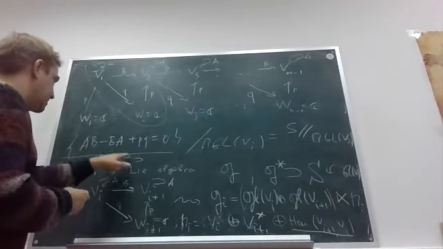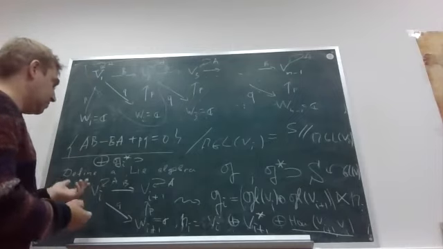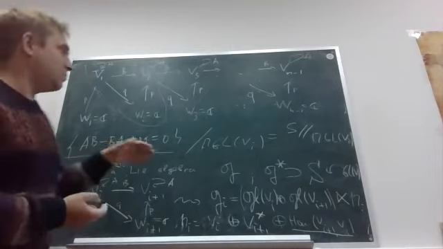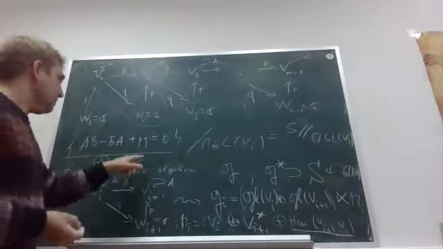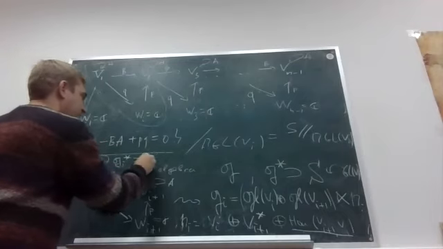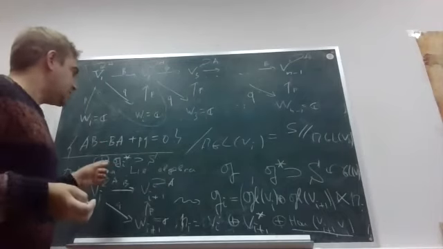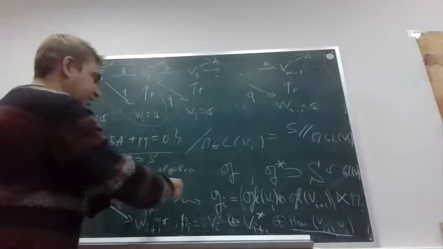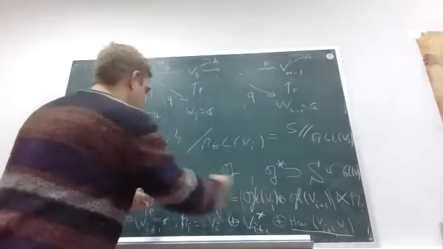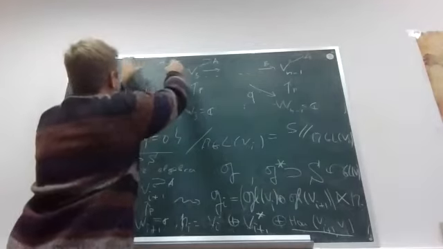Each of these coadjoint representations has a Poisson subvariety determined by some equation like this, such that the Hamiltonian reduction over diagonal GL of Vi.